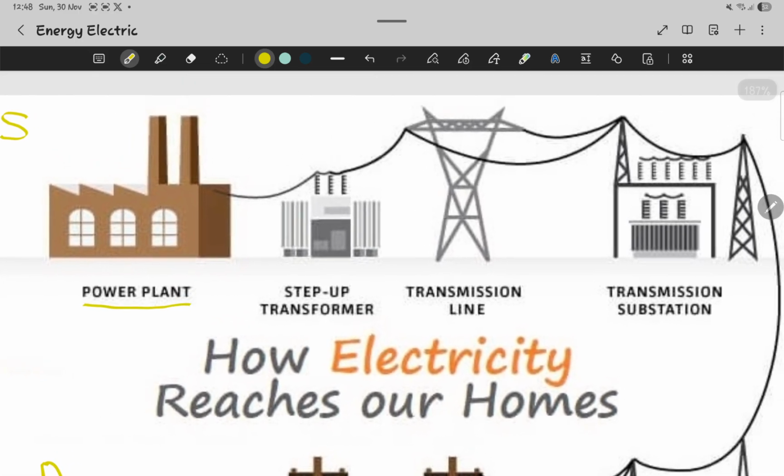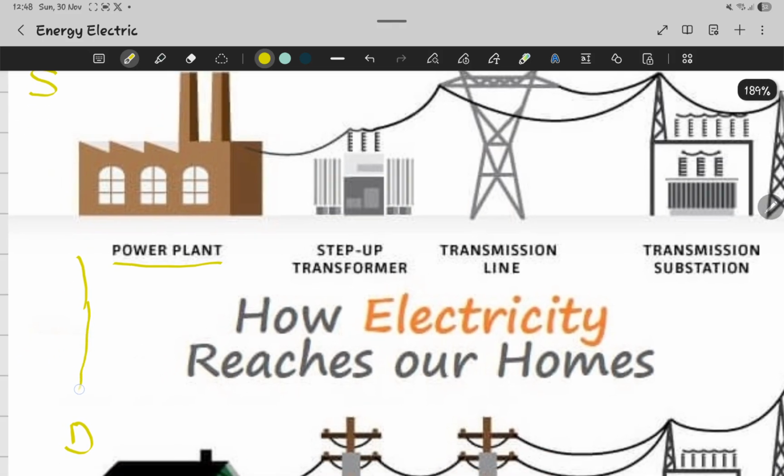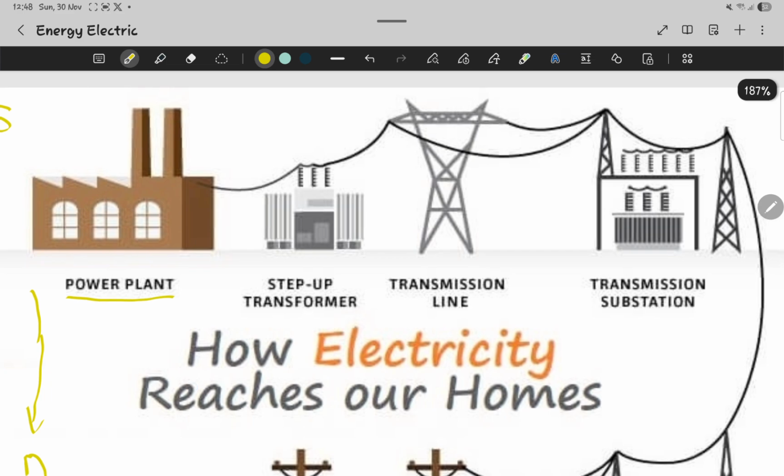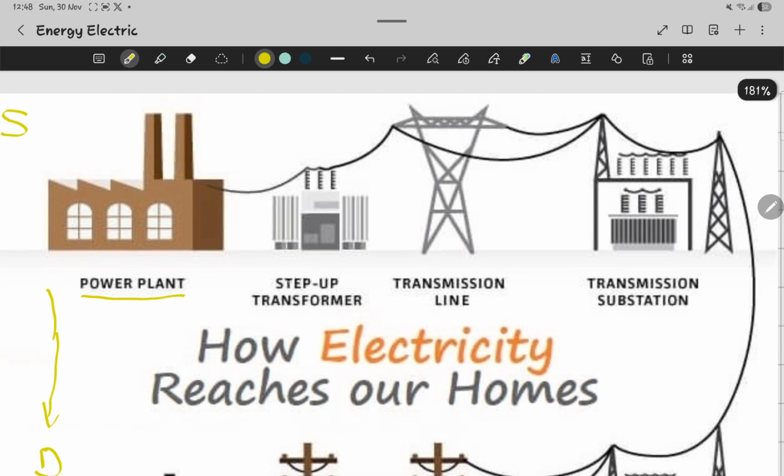For you to send electricity from the source to the destination, you need to increase the power, or increase the voltage. We're going to step up the voltage using transformers so that we can transmit the electricity over a long distance.